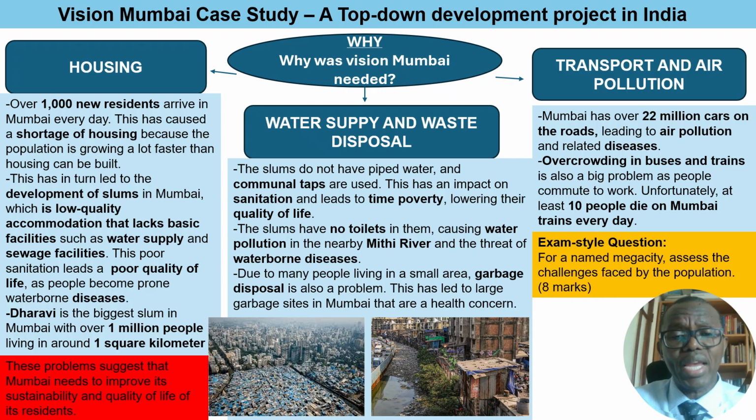So what's the second reason why Vision Mumbai was needed? Water supply and disposal of waste is a second reason. We have just talked about the slums. They do not have piped water, and people have to rely on communal taps. That impacts on their quality of life because it has an impact on sanitation, so cleanliness.